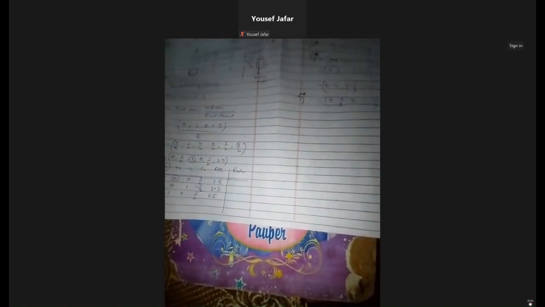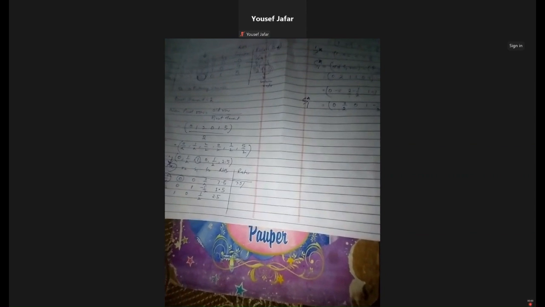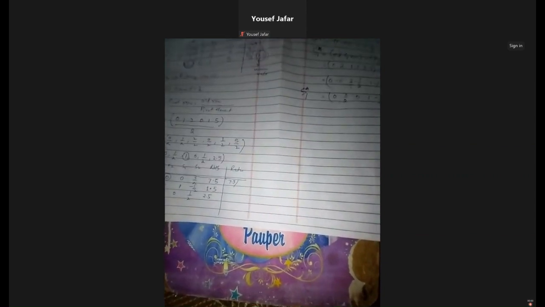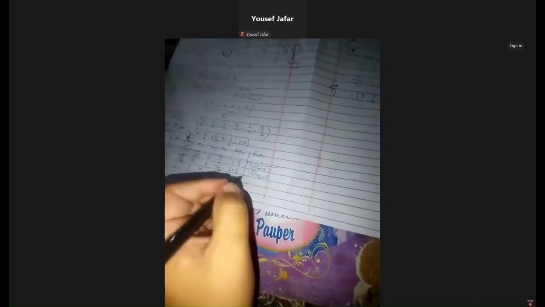Now the ratio for this will be, the right hand side 7.5 divided by the pivot element, which is minus 1 by 2 or minus 0.5. Here it is 1.5 divided by 3 by 2 or 1.5, which is equal to 1. And here it is 2.5 divided by 0.5.